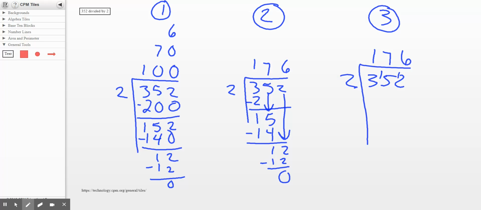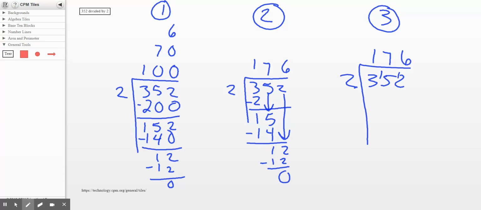So method 1 is showing you the representation of value, and method 2 and 3 are showing you the representation of quantity. When I take a look at what's below in method 1, I can see that I'm representing the value again. So I've used up a value of 200. I've used up a value of 140, and I've used up a value of 12. In method 2, I can see that I've used up the quantity of 2 100s.